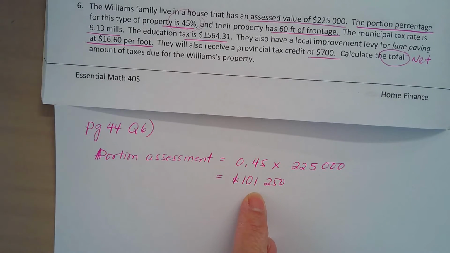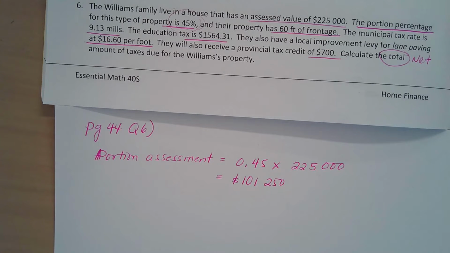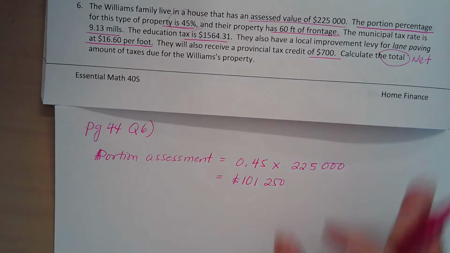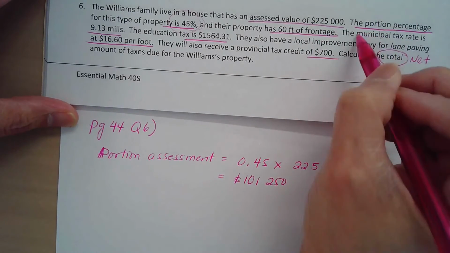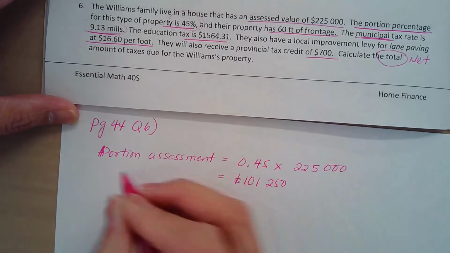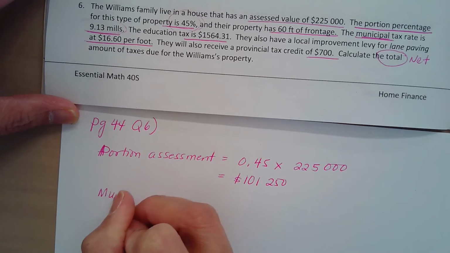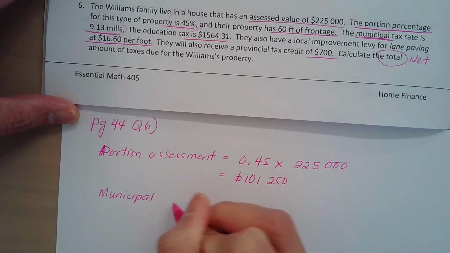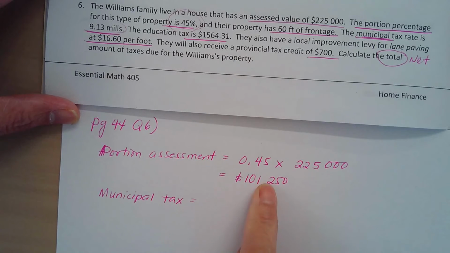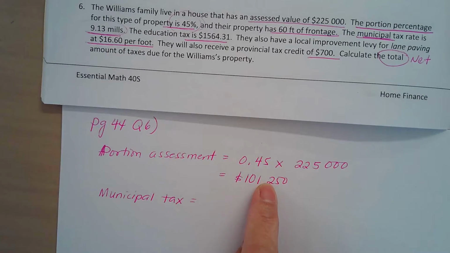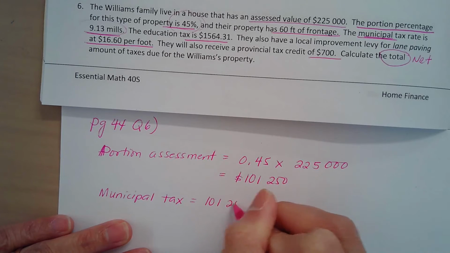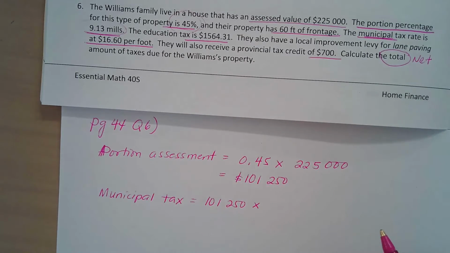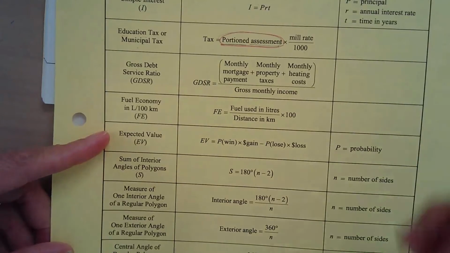Now that we have the portion assessment, the next thing is the education tax and municipal tax, if you're given the mill rate. In this case, municipal tax is 9.13 mils. So let's calculate municipal tax. That's the portion assessment times the mill rate. The portion assessment we just figured out, 101,250, times the mill rate of 9.13 per 1,000.